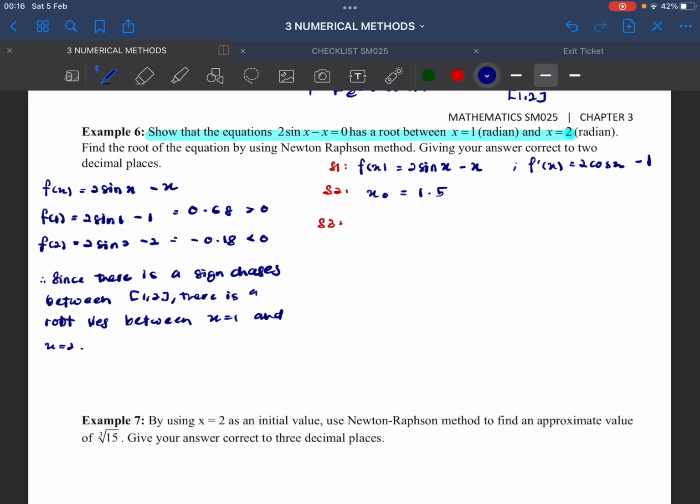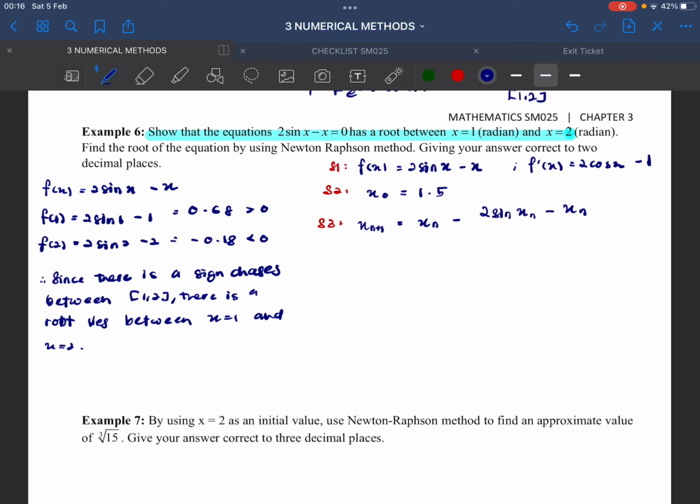So the formula is xn plus 1 is equals to xn minus atas fx bawah f prime x. So atas fx is this one here. Okay, so we are going to write 2 sine xn minus xn. Okay, kamu nak letak 2 sin x minus x pun tak ada masalah, boleh juga.